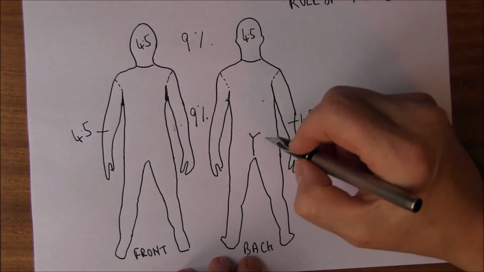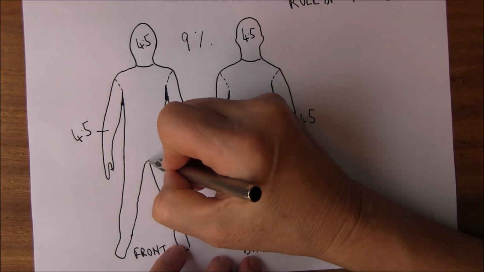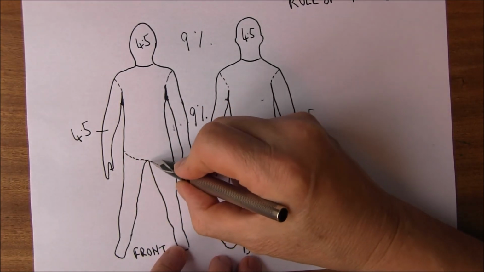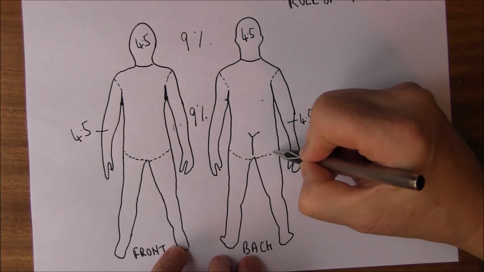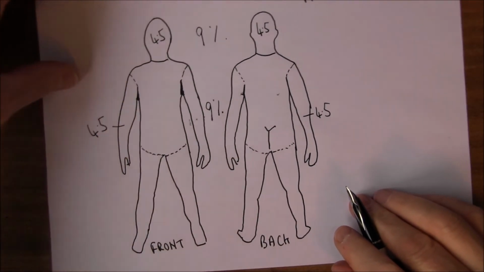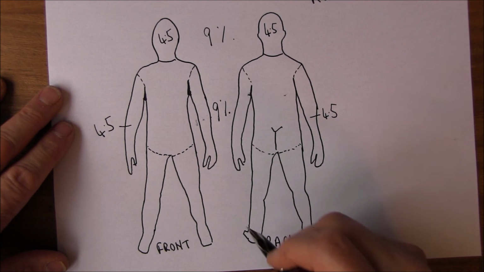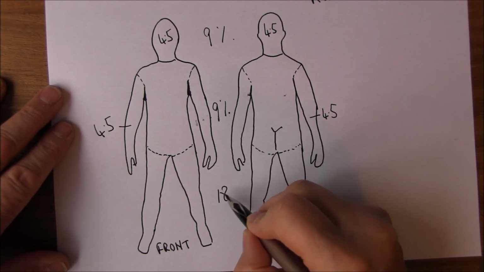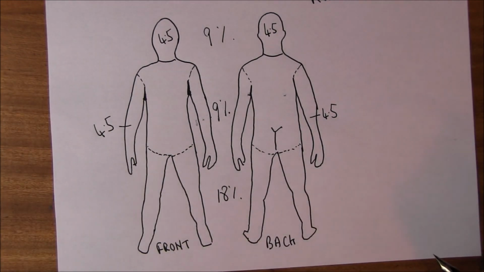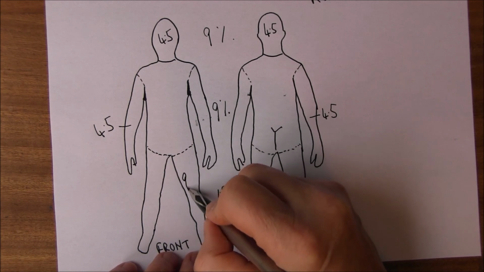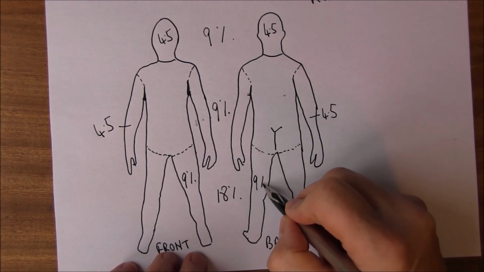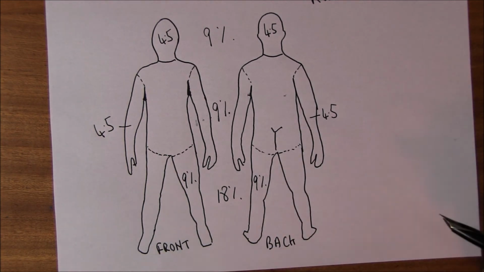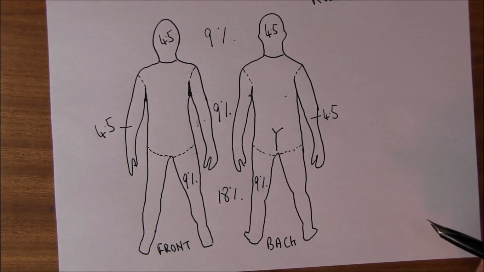The legs, again front and back, so a whole leg, an entire leg is 18%. And that means the front of a leg is going to be 9% and the back of a leg is going to be 9%. Half a leg obviously is going to be 4.5%.